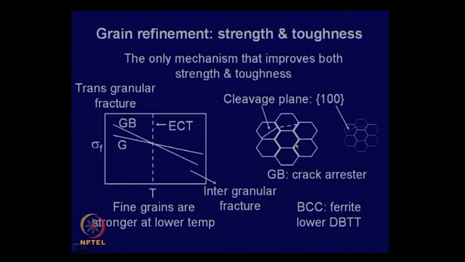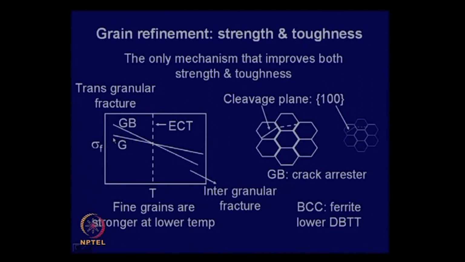Now think of it as made up of two constituents, one is the grain, another is the grain boundary, and it is possible to visualize the strength of each separately. It has been reported that at lower temperature, the grain boundary is stronger than the grain.